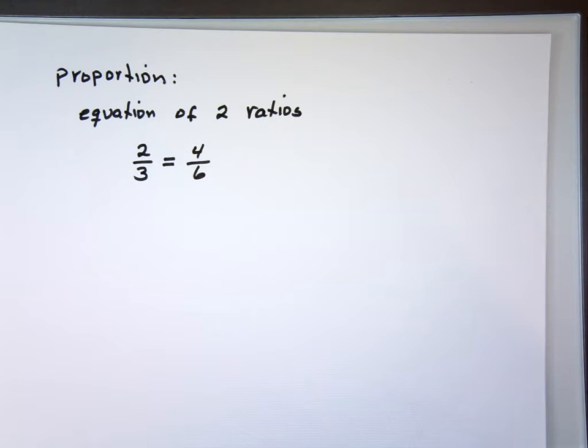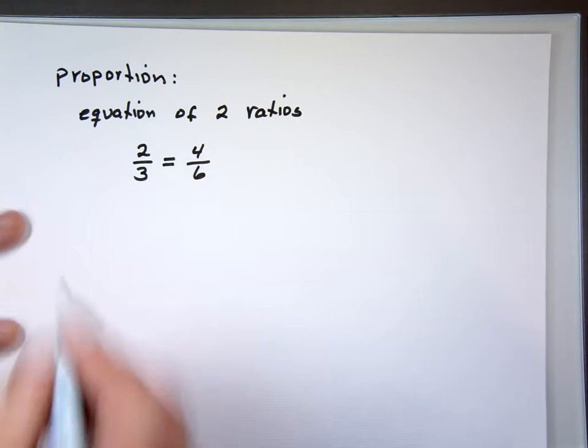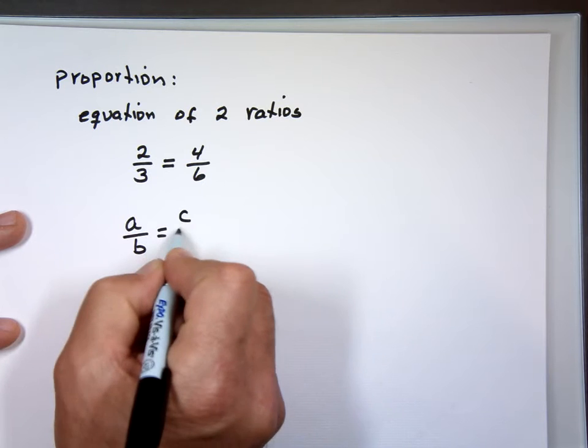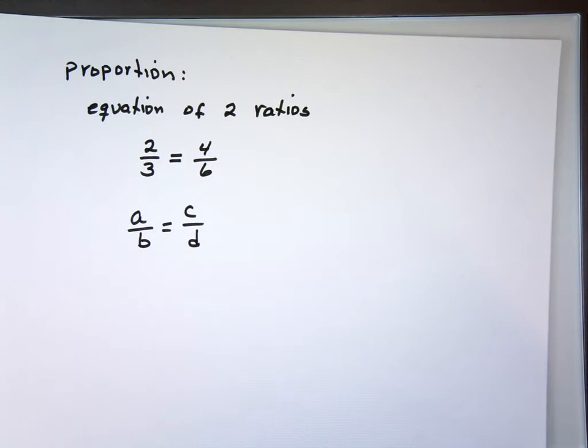Well, the question is, how do we solve ratio or proportion? How do we solve those equations? So if you have A over B and you want that to equal C over D, one way of doing it is cross multiply.